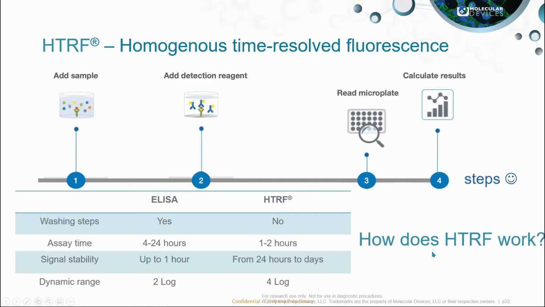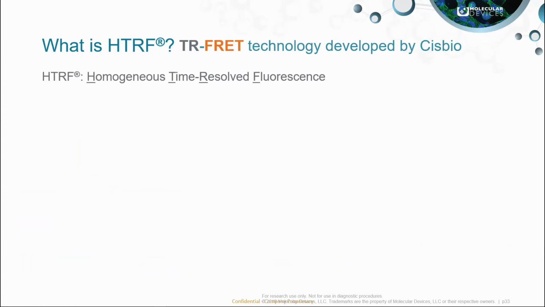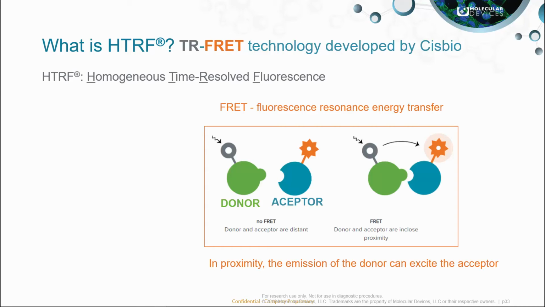But now the question is, how does HTRF work? As I have just mentioned, HTRF stands for Homogeneous Time Resolved Fluorescence and is a TR-FRET technology developed by SysBio. But what do TR and FRET mean? Well, let's start with FRET. FRET means fluorescence resonance energy transfer.